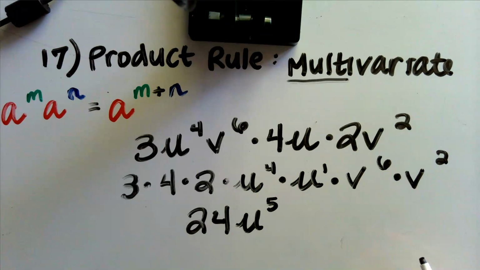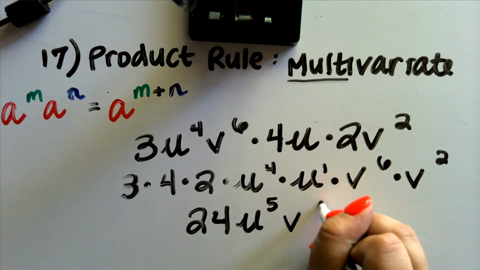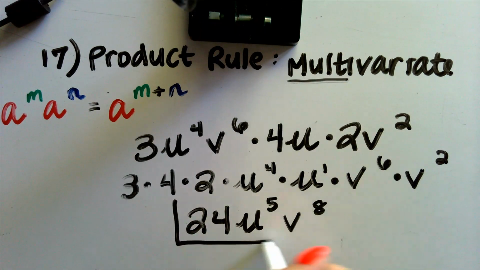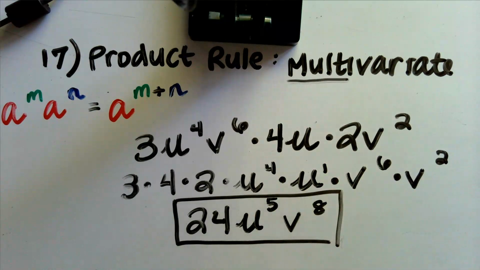Add those exponents together, we end up with u to the fifth. We're going to do the same thing with our v variable. V to the sixth times v to the second becomes v to the eighth. Congratulations, we have combined like terms in a multivariate expression by using our product rule.